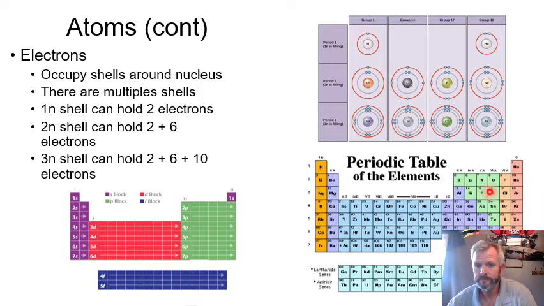Oxygen has the 1s filled, the 2s filled, but looking here, it only has 4 electrons in this p orbital that can contain 6. So how can oxygen get to be like neon electron-wise?